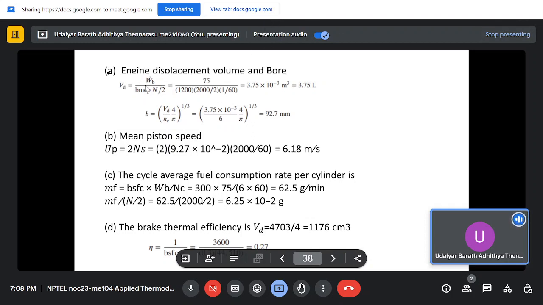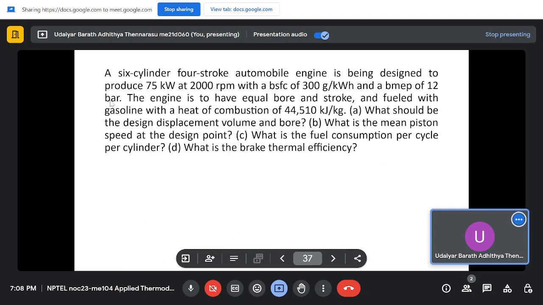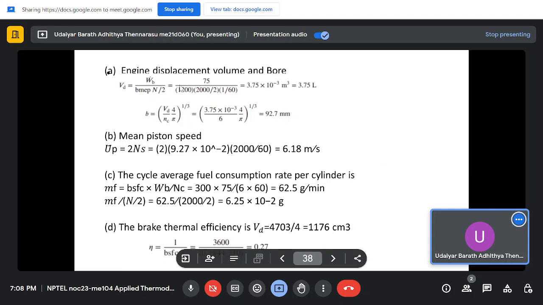We know brake power is 75 kilowatt, divided by brake mean effective pressure of 12 bar, so 1200 kilopascal, into n is 2000. If you write it in pascal, you have to write the brake power in watts as well. As I have written this in kilopascal, I am keeping this in kilowatts.